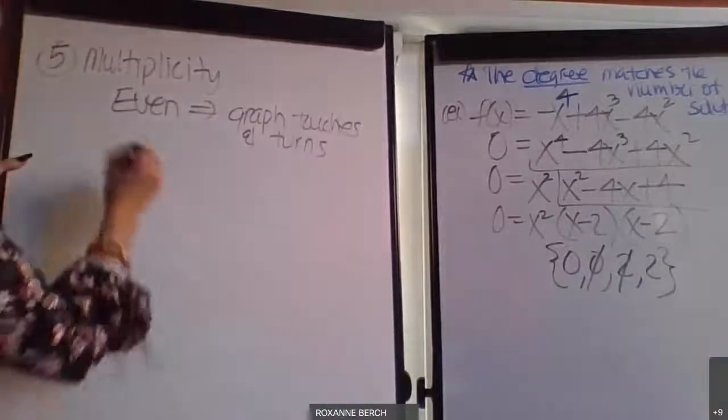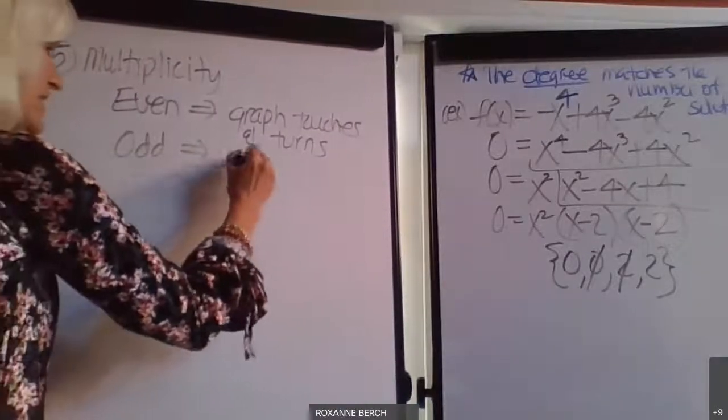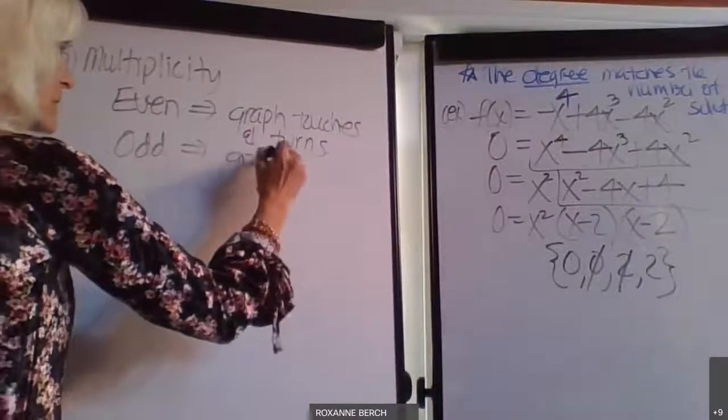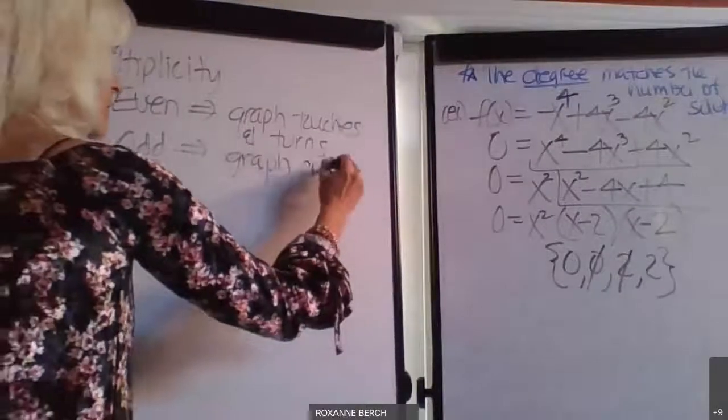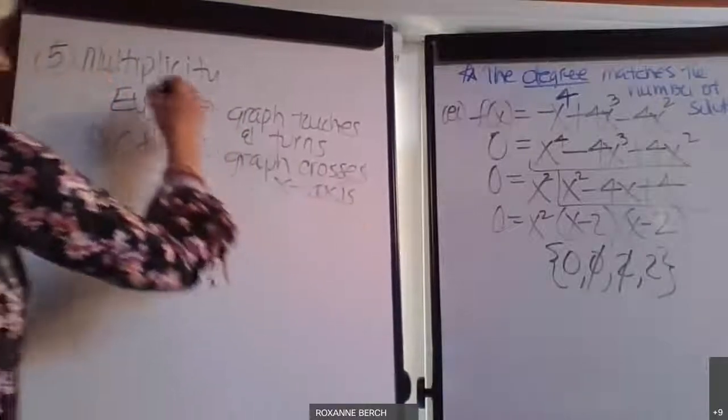In other words, it's tangent. If you have an odd number of solutions, it crosses the x-axis. And I would put this in a box.